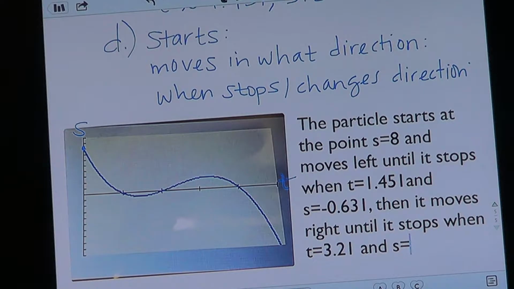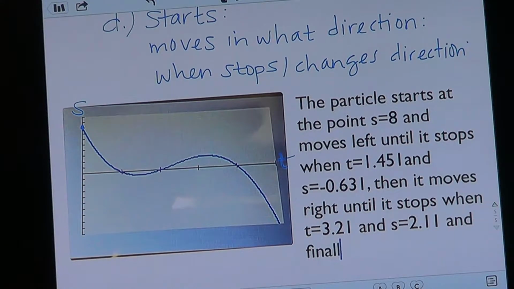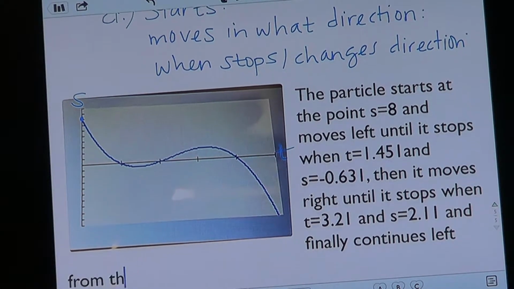Do we have to do left bound of the second curve now? Mm-hmm. Did you say x or y? Y. 2.1? Yes.